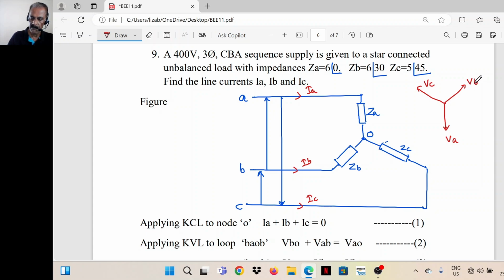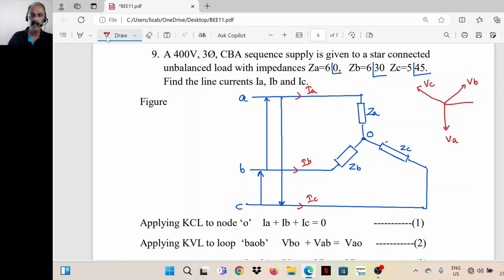So this will be VB, ACB sequence. So VB, this phase value, is at an angle of 30 degree, this is 90 degree, and the angular difference between the phases is 120 degree.